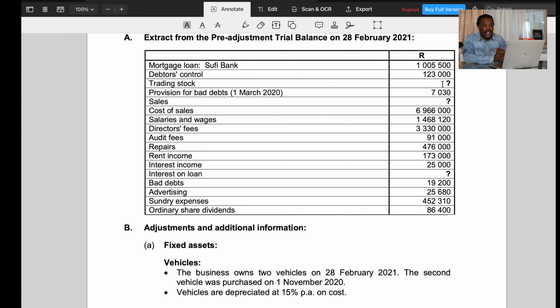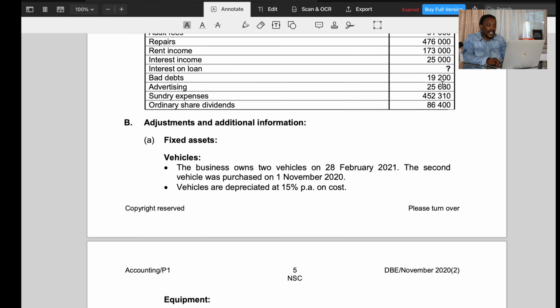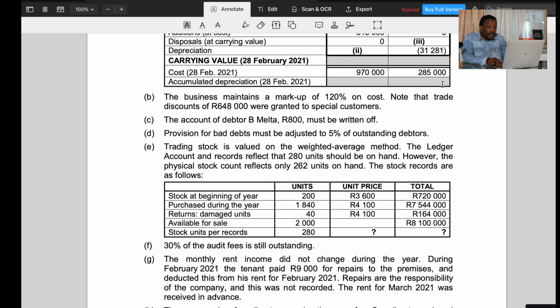No amount was given there. They gave us the question mark. But on that E, we have the information about the trading stock. Trading stock is valued on the weighted average method. The ledger accounts and records reflect that 280 units should be on hand. However, the physical stock count reflects only 262 units on hand. The stock records are as follows.